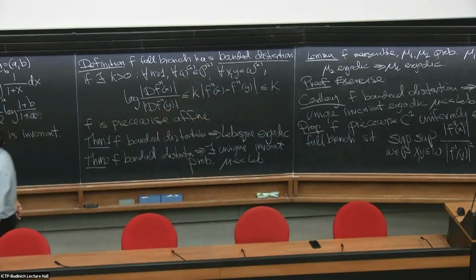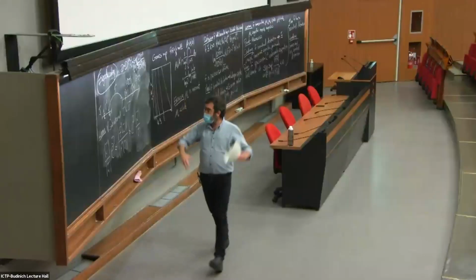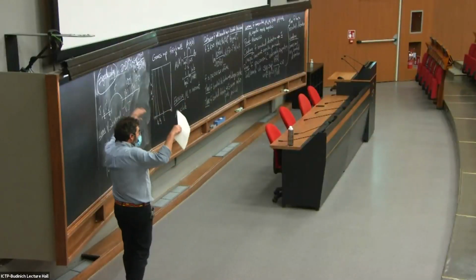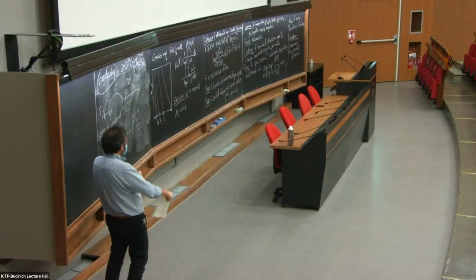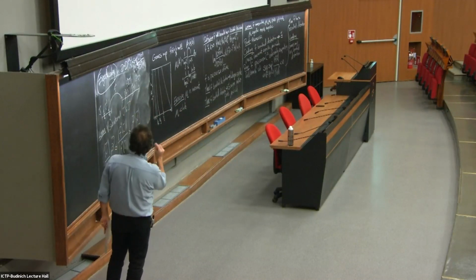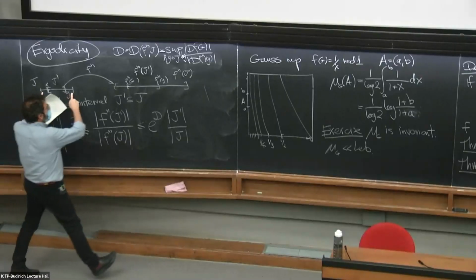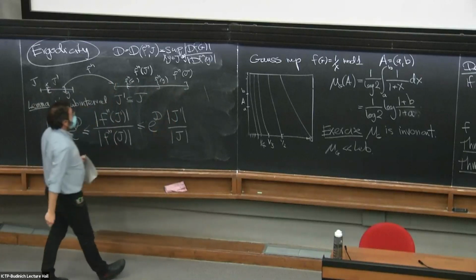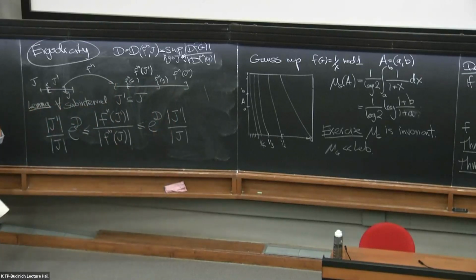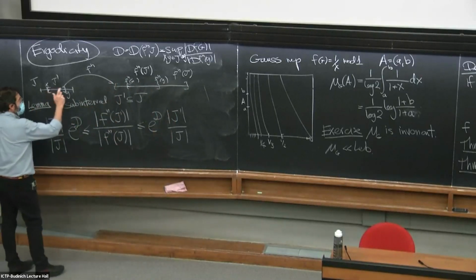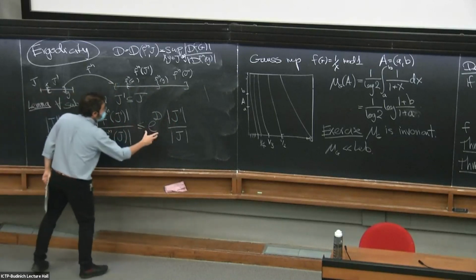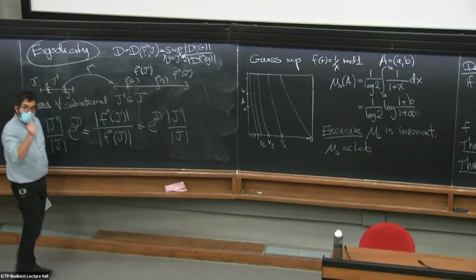So what this is saying is it doesn't matter how deep you go in the partitions. You take a very large n, so you have very small elements. They will map onto the whole interval 0, 1, and they will always map in such a way that proportions are preserved up to uniform constants. D does not depend on n.